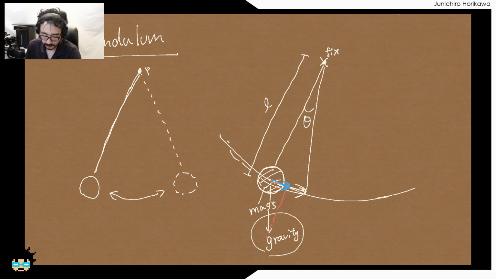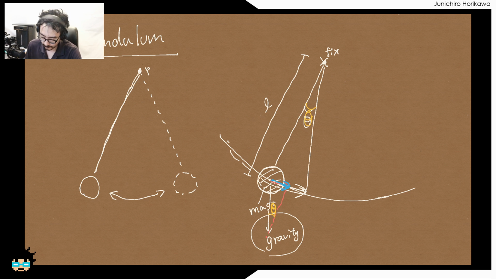Okay, in this case, if we know how much angle it moves, like let's say we know that amount of theta is moving, which this angle is equal to this value as well.